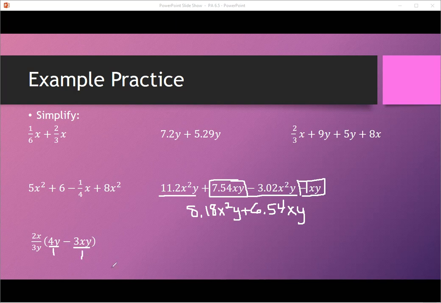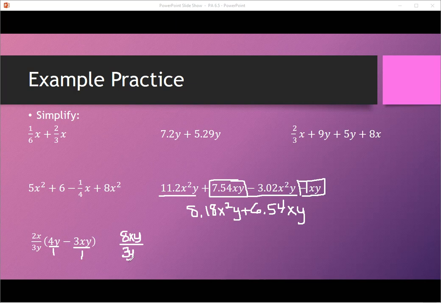So that's often a good place to start. So when I multiply 2x times 4y, I'm going to get 8xy. And then on the bottom, 3y times 1 will give me 3y.